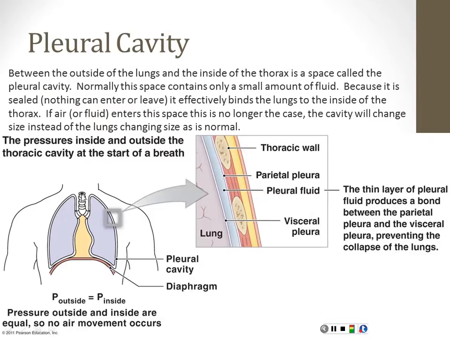But because this cavity is sealed, in other words, nothing can get in and nothing can come out, and because it's filled with fluid, not with a gas, it maintains its pressure in the healthy state, which means that effectively the lungs are bound to the outside of the chest. They're bound to the chest wall, as long as the pleural cavity is intact.